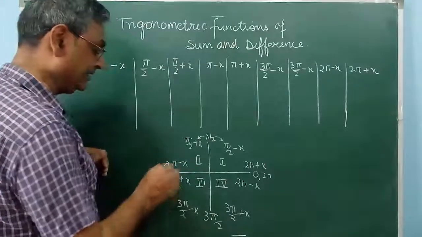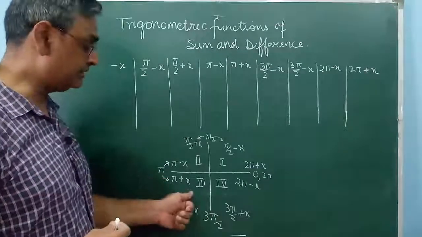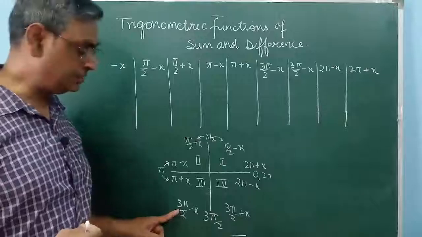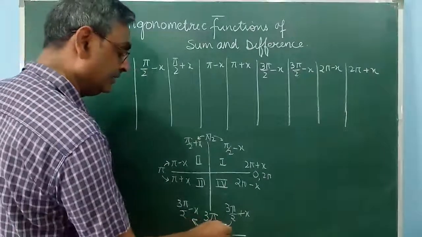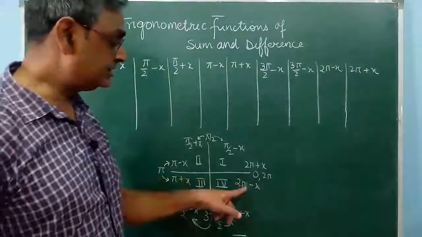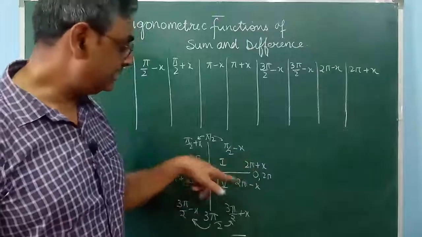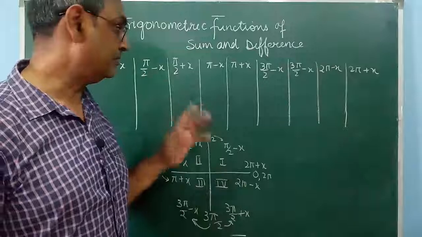And this pi plus x, when you add something to 180, it becomes more than 180, so it comes in the third quadrant. Likewise, less than 270 degree is in the third quadrant, more than 270 degree is in the fourth quadrant, and less than 360 degree is in the fourth quadrant, and more than 360, because we have completed one full round, it will be in the first quadrant.